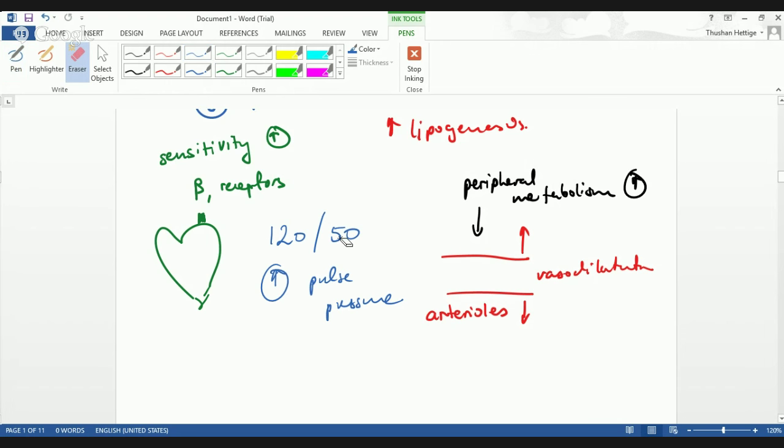So that's the effect of systemic vasodilatation. Okay, with me so far? So I've talked about the effects of thyroxine on the cardiovascular system. Does this make sense to you now? Brilliant. Again, remember the term active hyperemia.